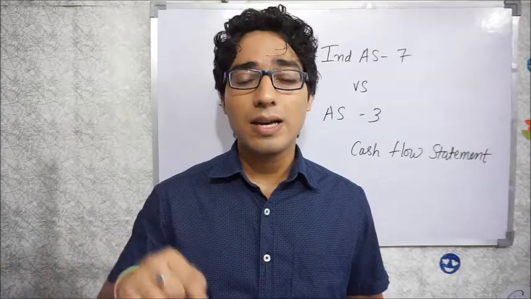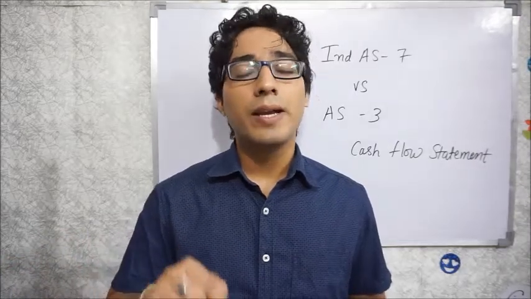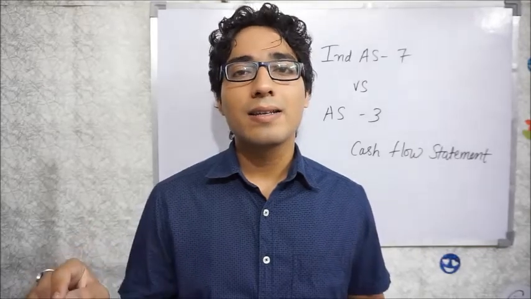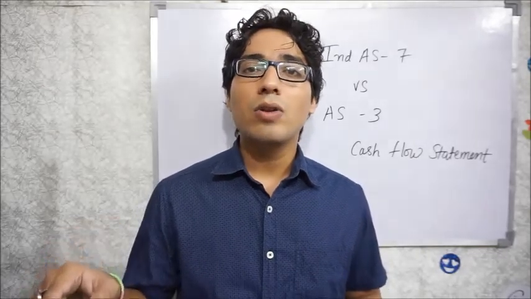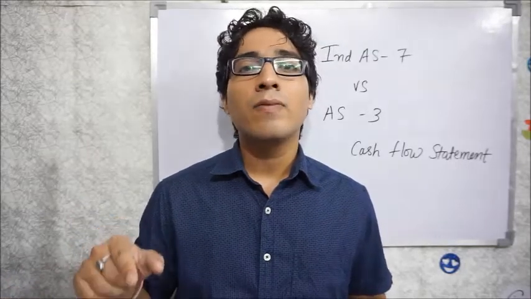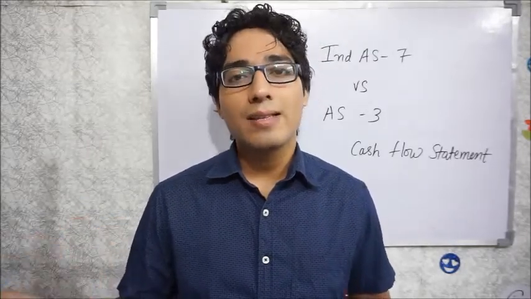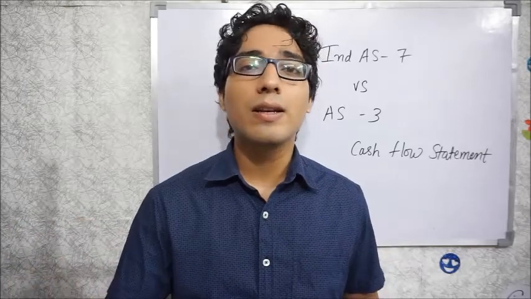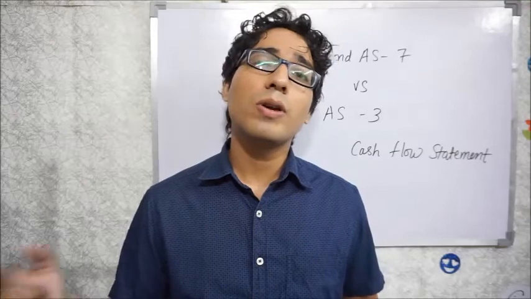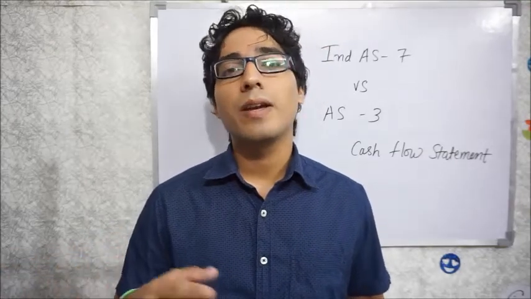Ind AS is saying that when you first buy the asset, that will not be your investing activity, it will be your operating activity. And when you sell those assets which you put out on rent, that will also be your operating activity instead of investing activity.